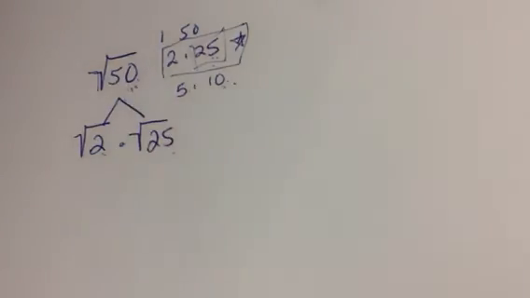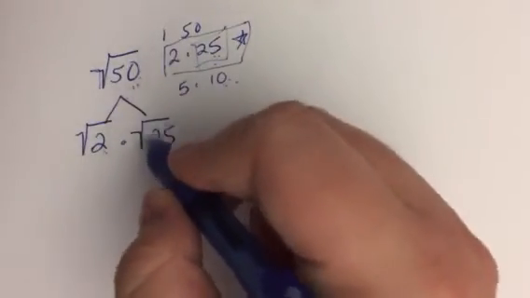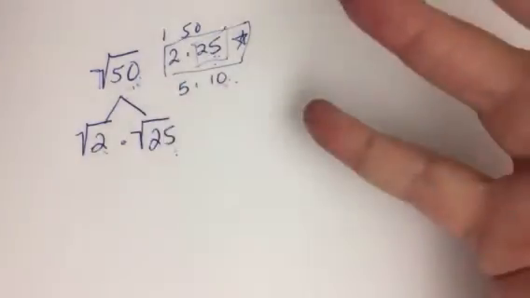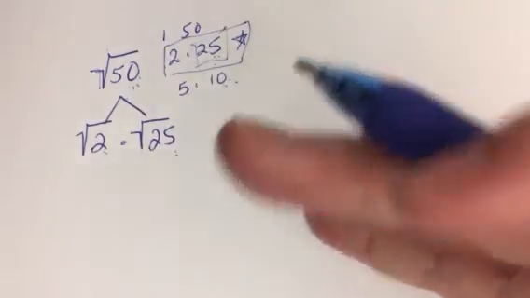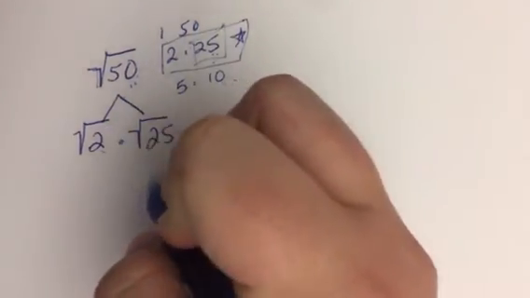All I've done is break up those two factors under two radical signs. That's it. And here's why. If I look at this square root of 25, I know that the square root of 25 is plus or minus 5. So that simplifies that down for me.